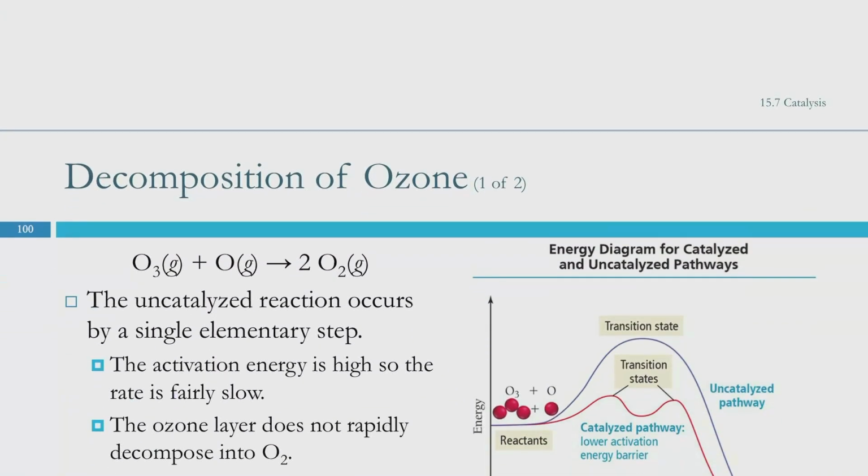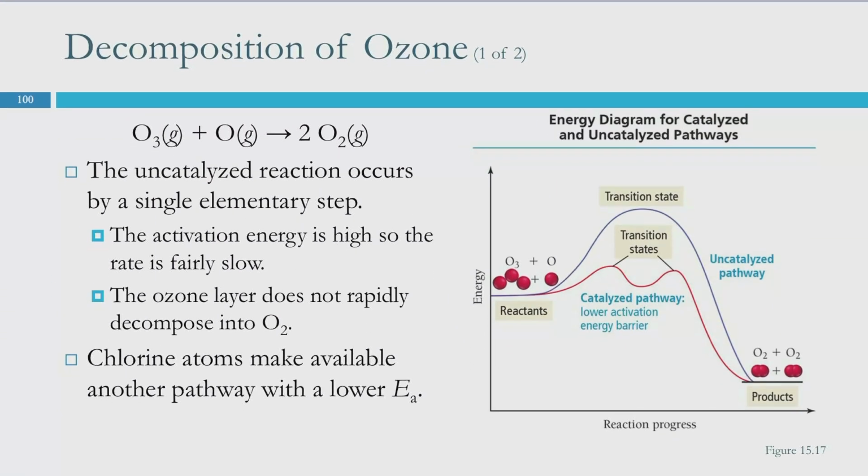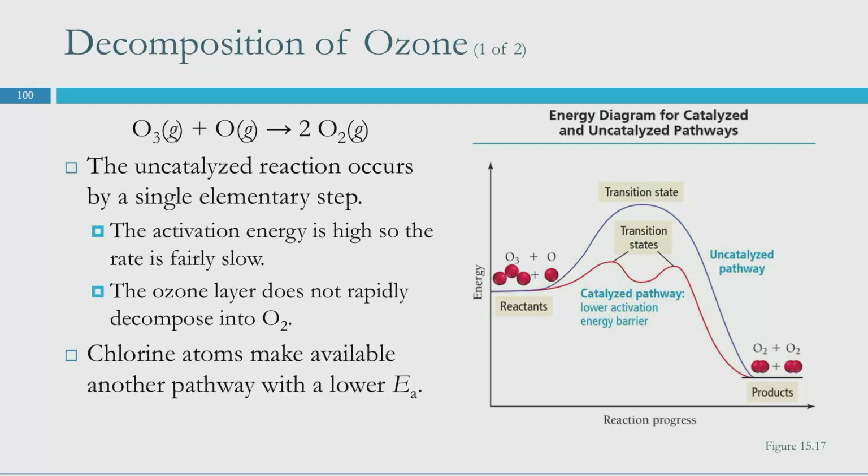For example, with ozone breaks down into 2O2 in this elementary step through this transition state. It's got a high activation energy. And so the rate is fairly slow, which is great because we have ozone up in our higher levels of the atmosphere that protect us from bad stuff.